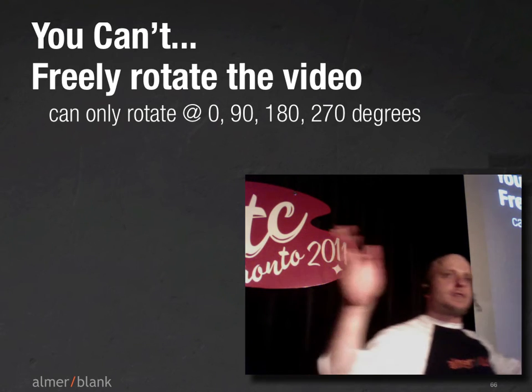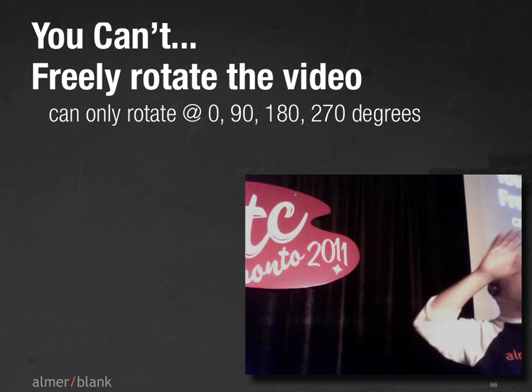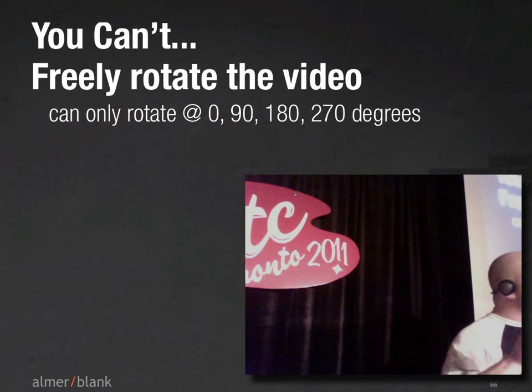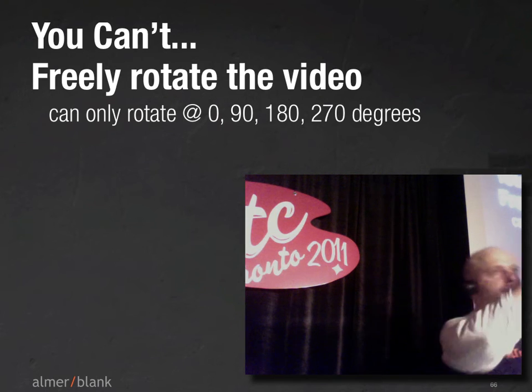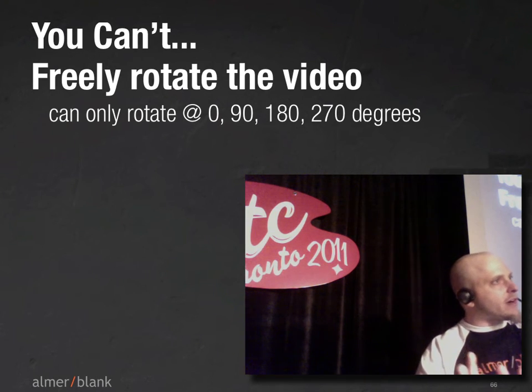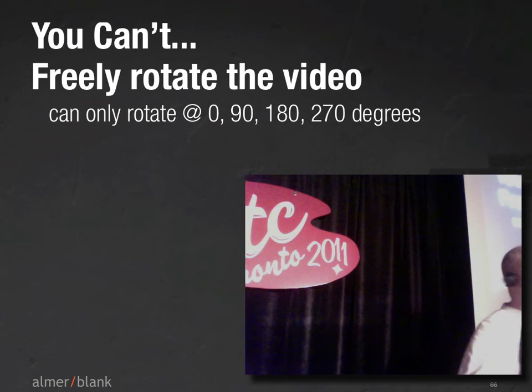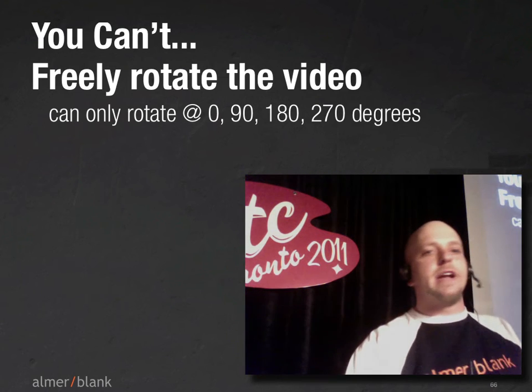Remember, I said part of the savings here are by trimming all that creative control that Flash lets you have with movie clips and so forth. We don't have that. And, right, it's being rendered directly to the screen by the graphics card. So we have a series of creative limitations here. The first being you can't freely rotate the video. You can only rotate at 90-degree intervals.